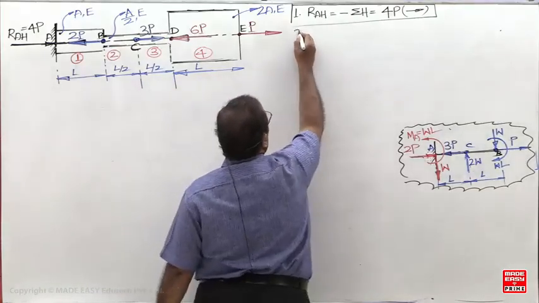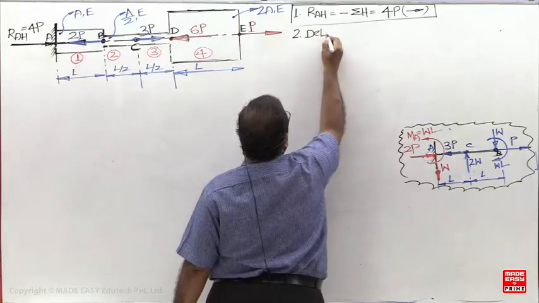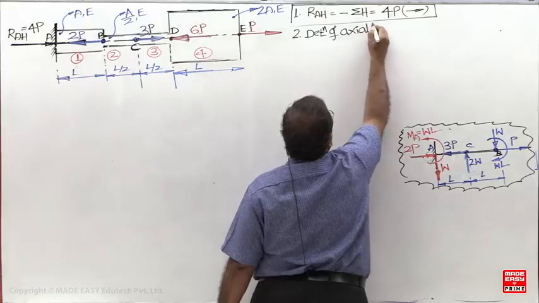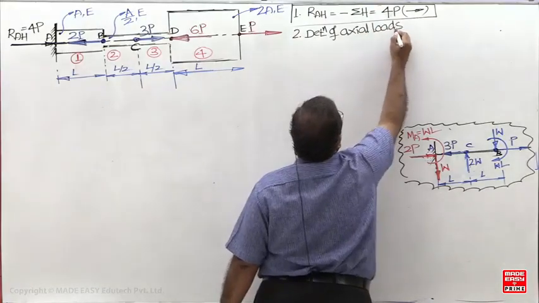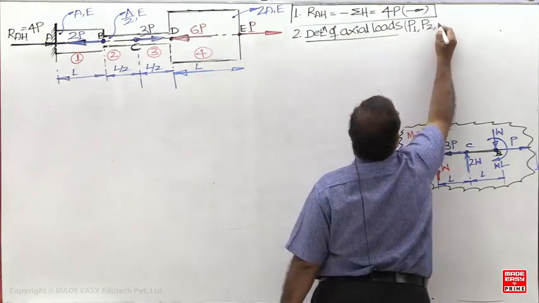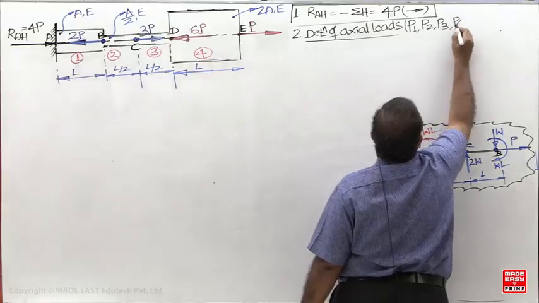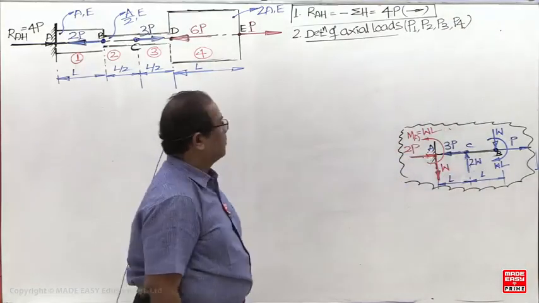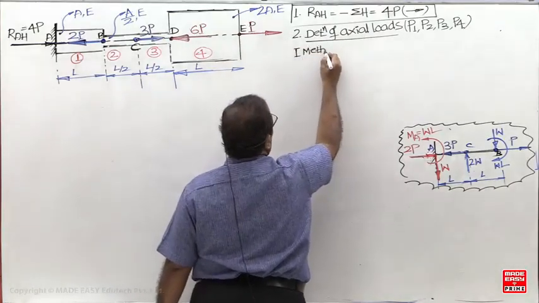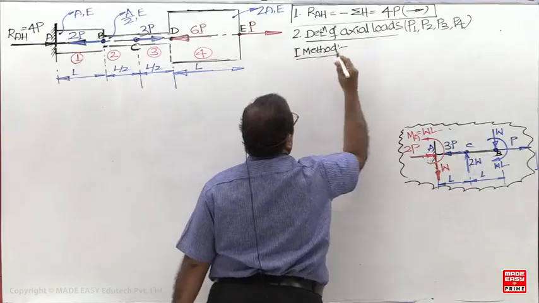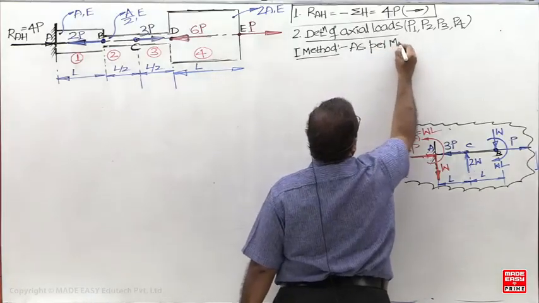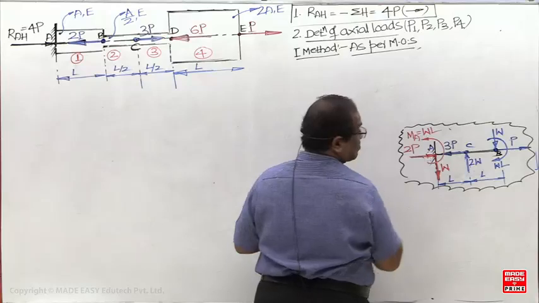Now what is the next step? P1, P2, P3. The first method is, as per the method of section.